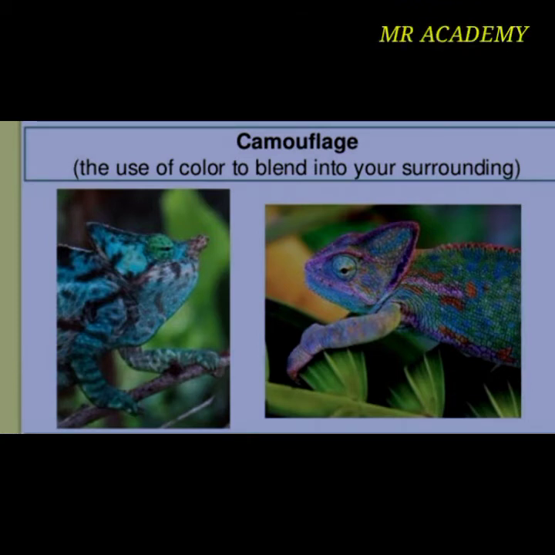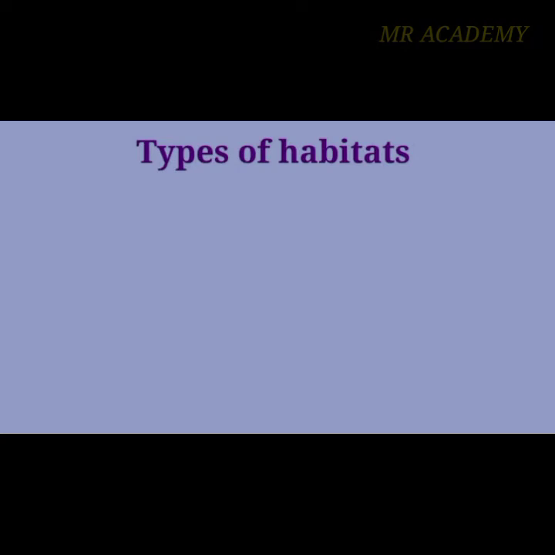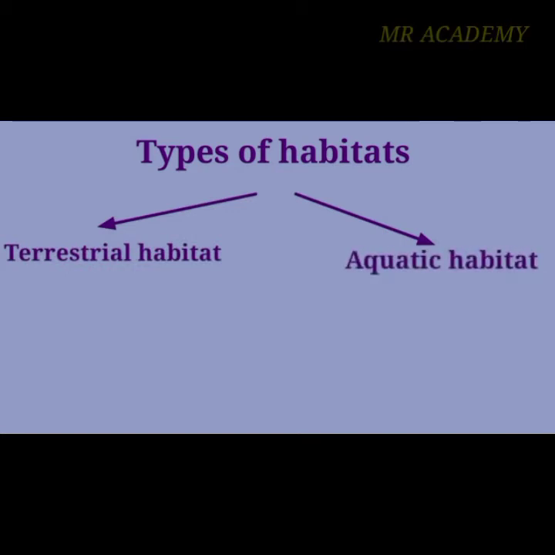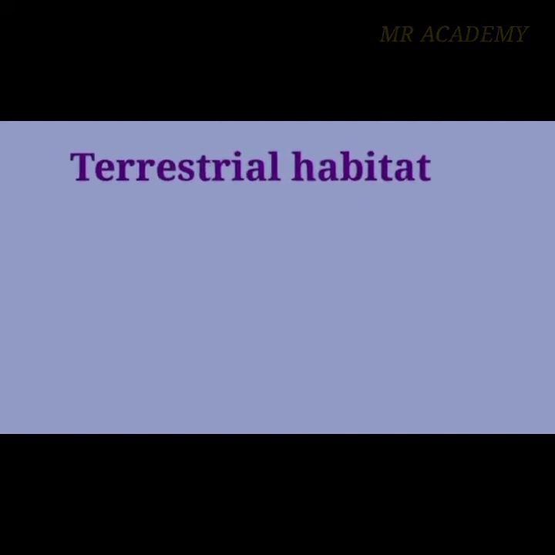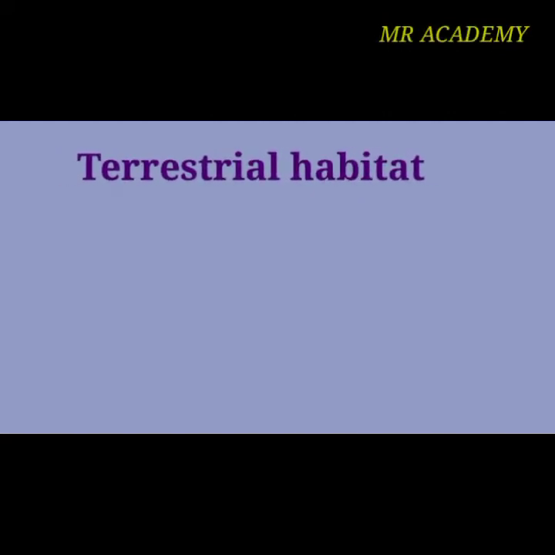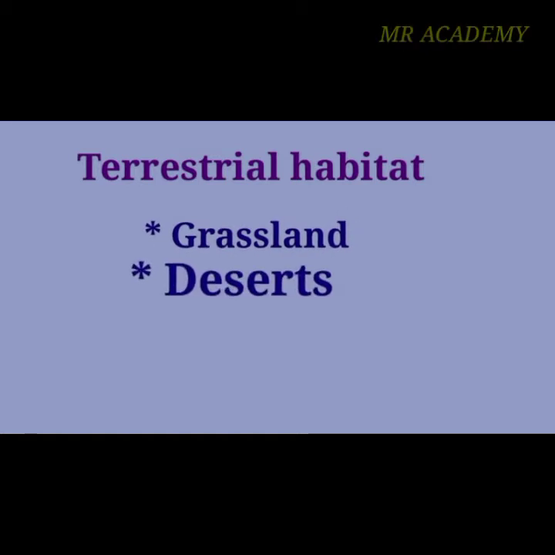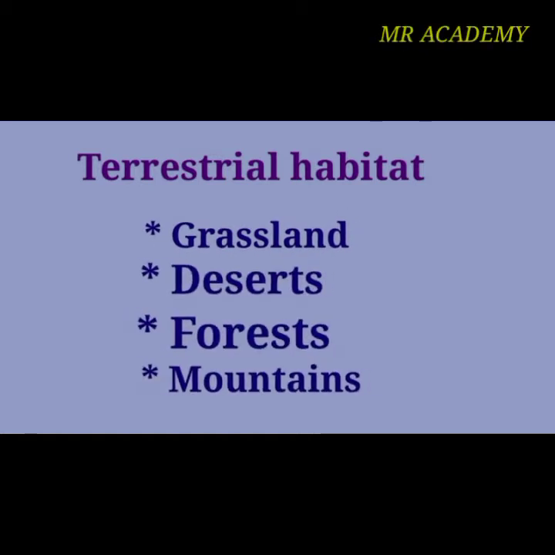Now we come to the types of habitats. The two main categories of habitat are terrestrial or land habitat and aquatic or water habitat. The terrestrial habitat is further divided into four types, that is, grassland, desert, forest, and mountains.